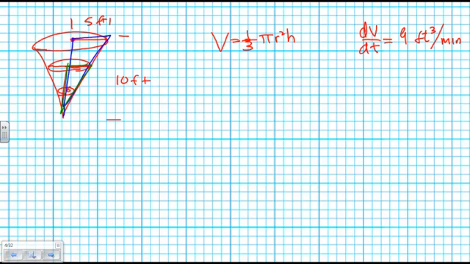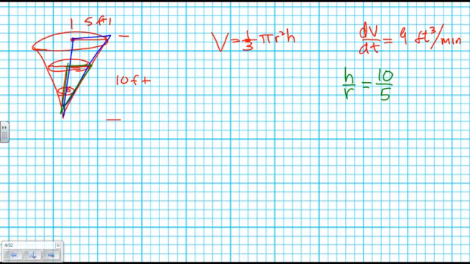All right. And how about I write it this way? h is to r as 10 is to 5, using the original maximum size. All the h, r combinations, no matter what the height of the syrup, are going to follow that proportion.